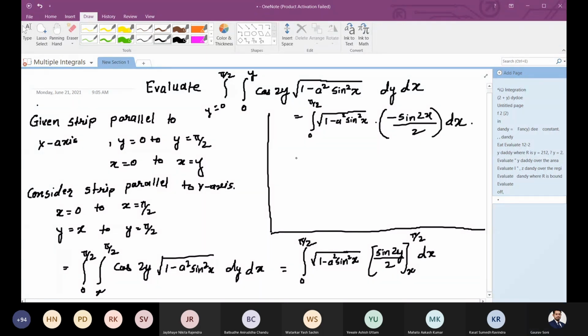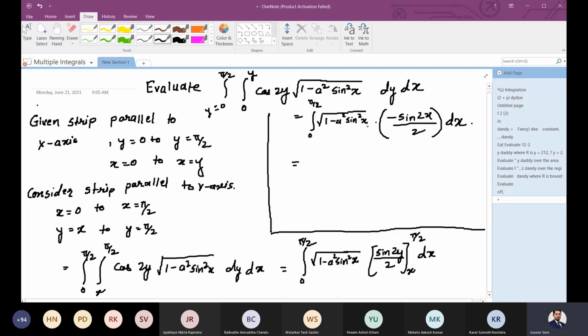But now we can see that the derivative of 1 minus a square sin square x can be adjusted actually, or a sin square x can be substituted as t, and we'll have under root of 1 minus a square t. So that is another way of doing it.